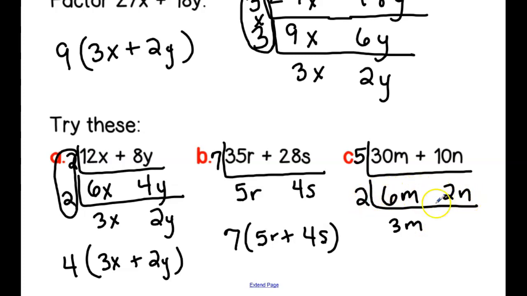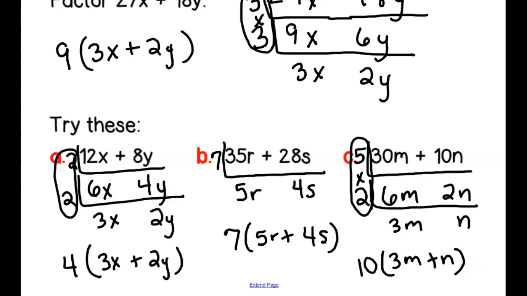And 2n divided by 2 leaves me with n. 1n, but we do not need to put the 1. Our greatest common factor is these two numbers multiplied together, so it's 10. And then we have 3m plus n left in the parentheses.